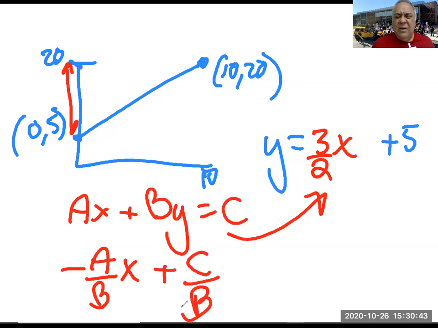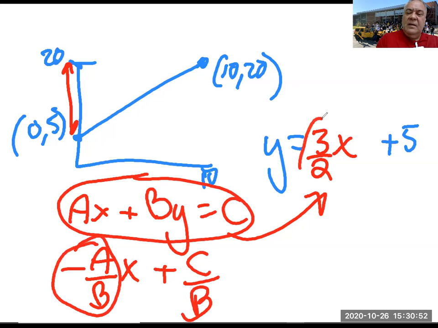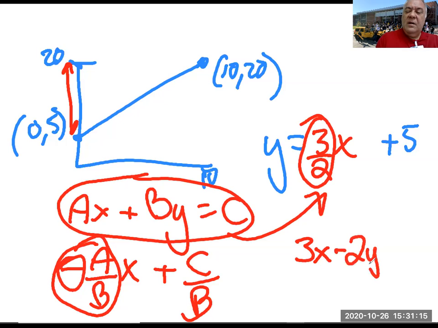Okay, so in order to go back to this form, I have to take what I'm given. I'm looking at here, okay, negative a over b is 3 over 2. So I have to say 3x, and normally I'd say plus 2y, but since I had to change the sign here, so minus 2y.